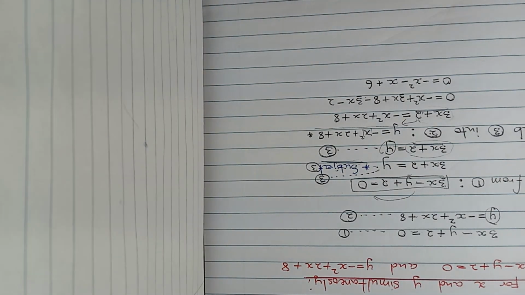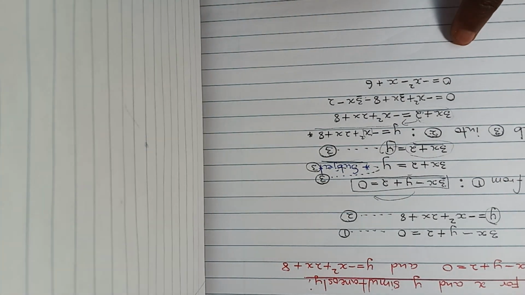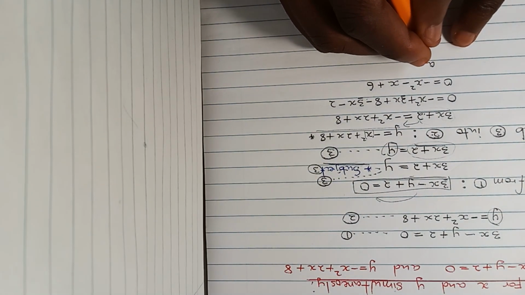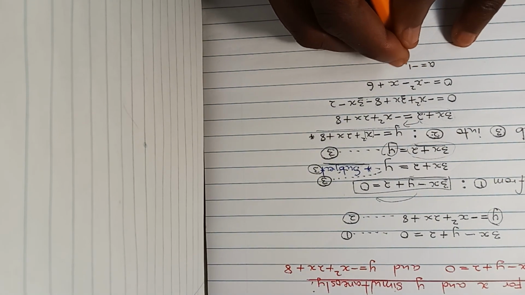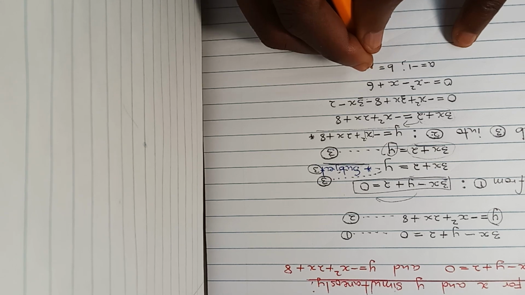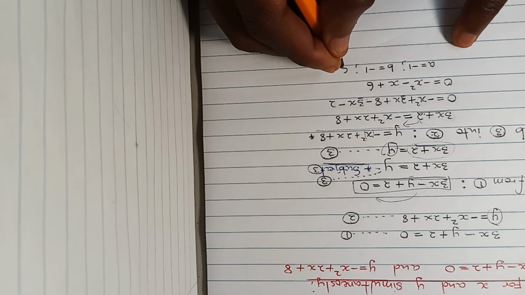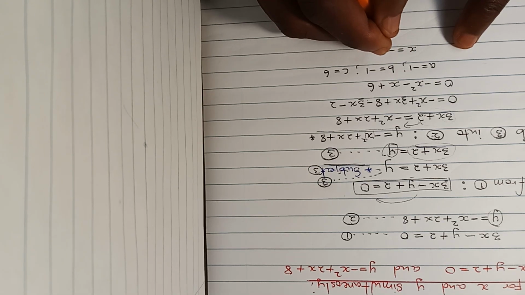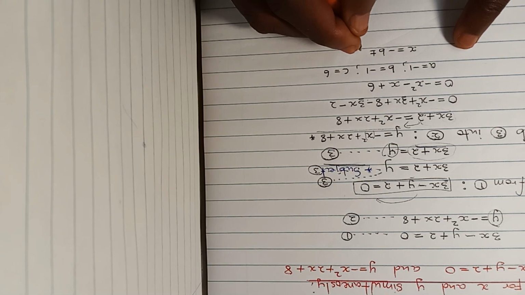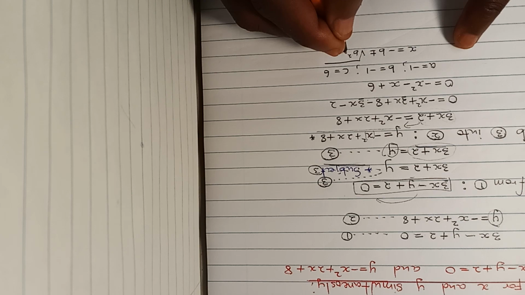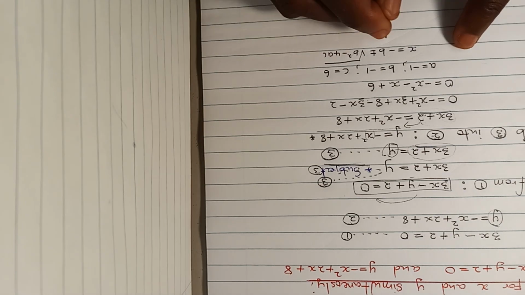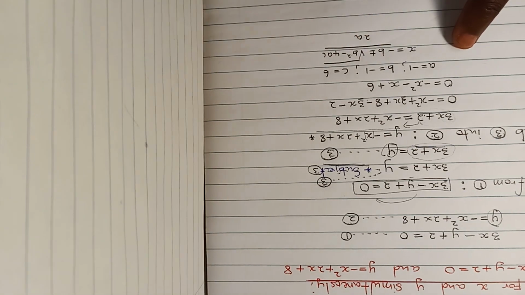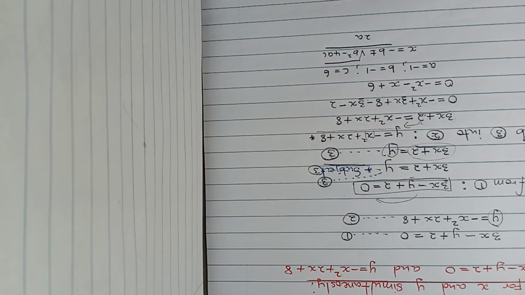So now you can use the quadratic formula here. What is your a? Negative 1. What is your b? Negative 1. What is your c? 6. And then you can substitute into the formula negative b plus or minus the square root of b squared minus 4ac, over 2a. Then you'll get your values.